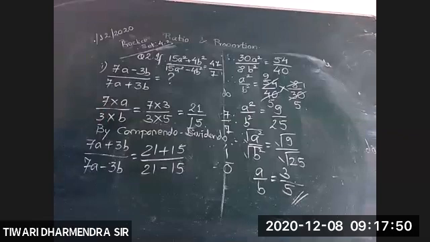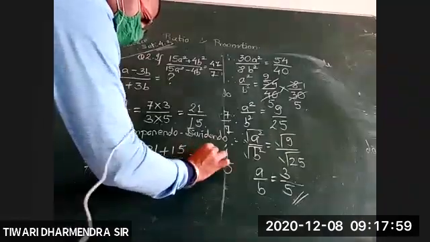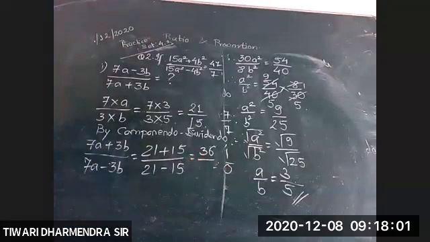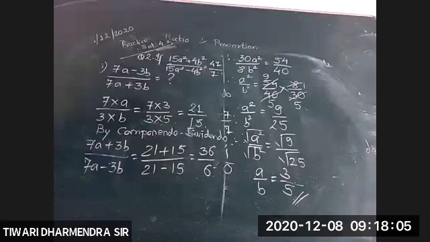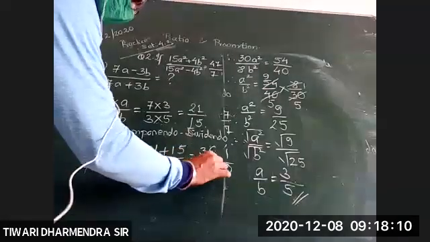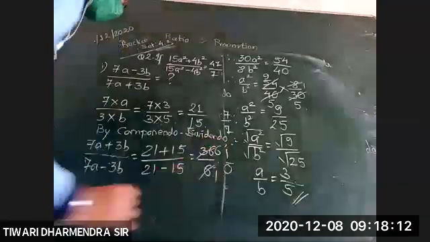Whatever we have done on the left hand side, we are doing the same operations on the right hand ratio. So 21 plus 15 is 36, divided by 21 minus 15 is 6. So as per requirement, 6 ones are 6, 6 sixes are 36.